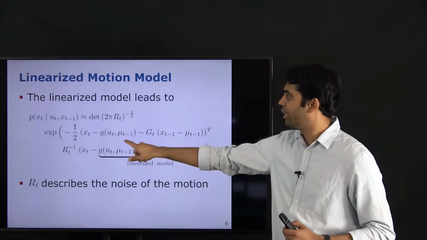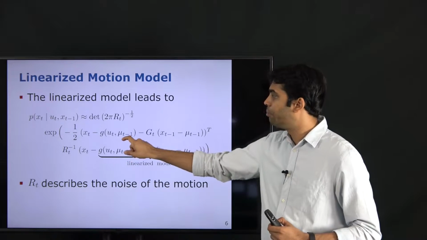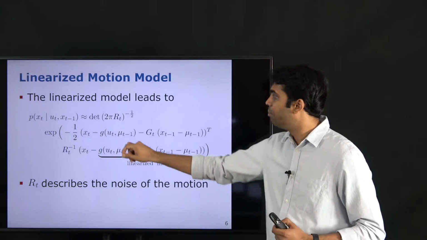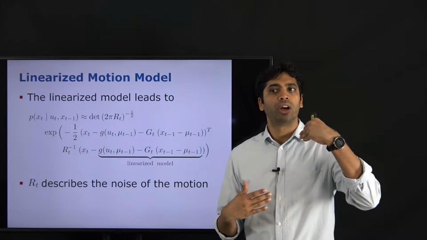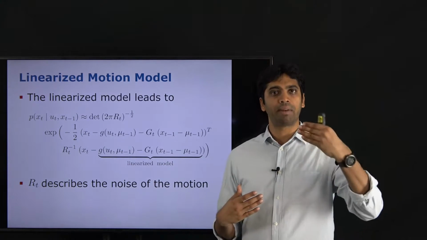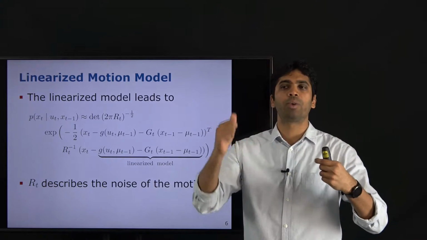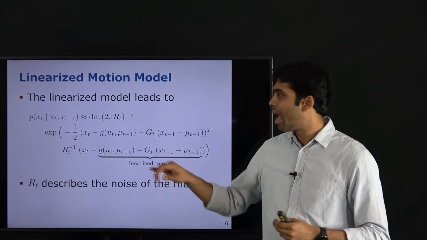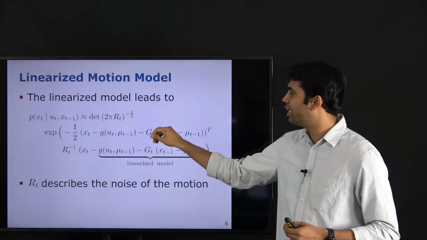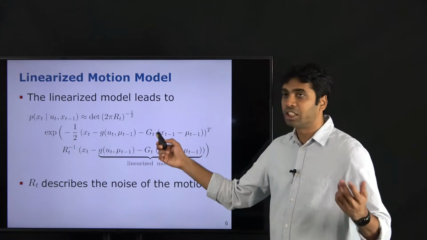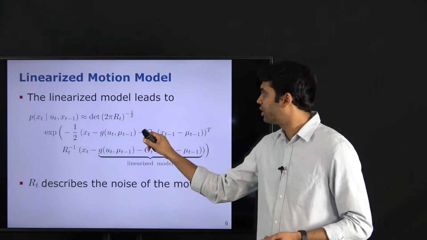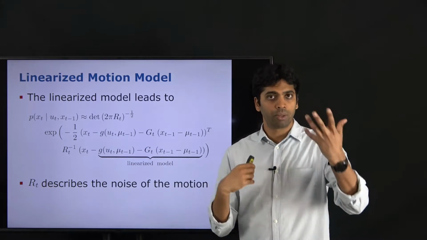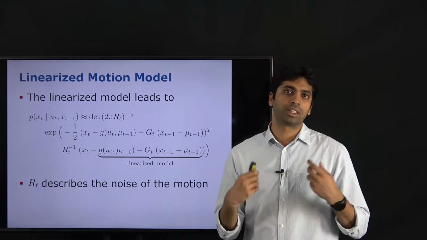So you take some linearization point, often the previous one, so here as we see it's the mu t minus 1, which is just your mean estimate of your state at time t minus 1. So usually you linearize around your previous best estimate, and then you have the first derivatives here inside this G_t, which is basically the Jacobian, the first derivative of your motion model g with respect to your state variables.